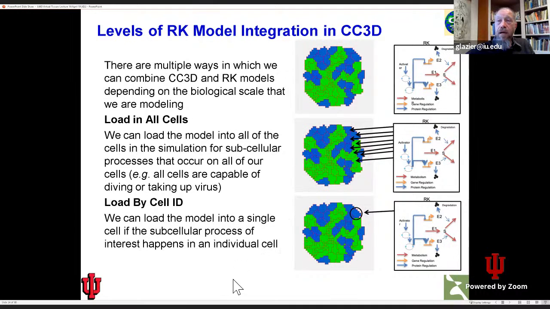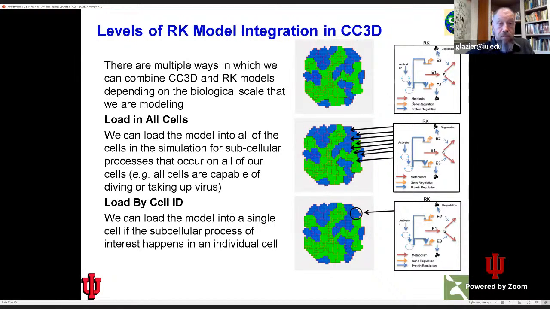CompuCell has a variety of ideas of scope. Potentially, you can load a network model into every cell. You could load a network model into all cells of a given type, or you could load a network model into just a single cell.